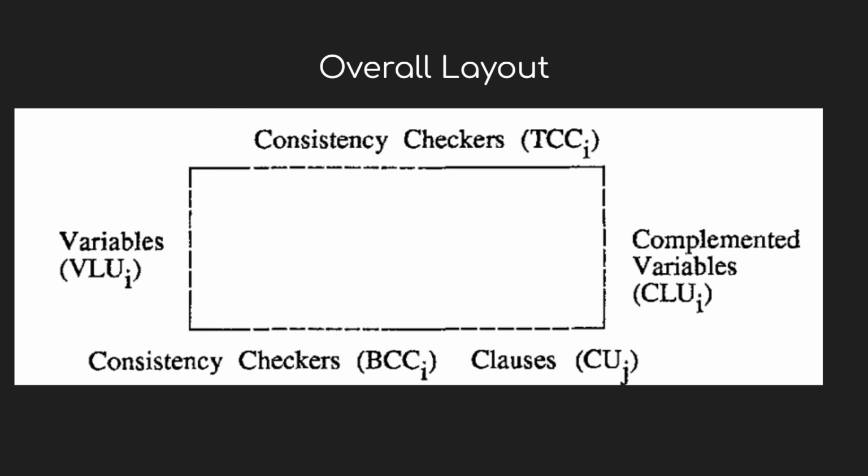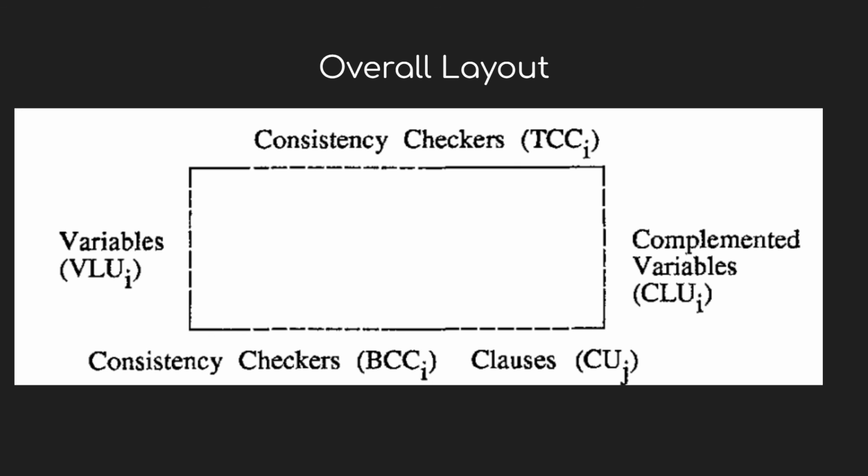So this is the overall layout that Shermer gives, and I should mention that all of these figures are directly from the Shermer paper. On the left side we have the variable literal units. That's just straight up the variable. If the variable is set to true, then those are set to true. Whereas the complemented variable literal units are on the right, and those are the opposite. So if the variable is set to true, then the literal unit corresponding to that variable on the right will be false, so all the points will be at the top.